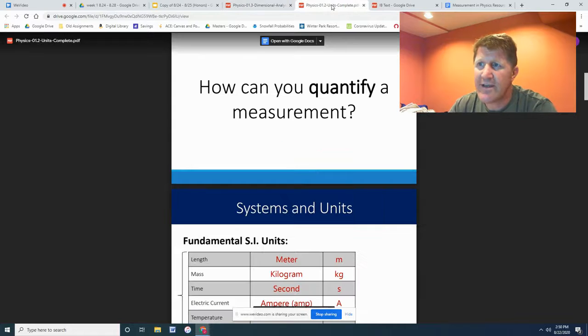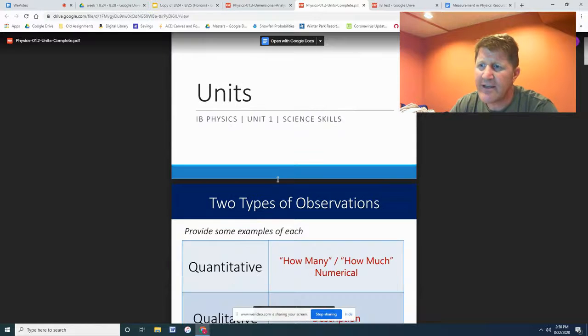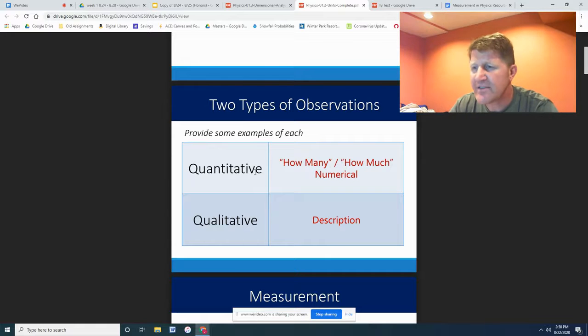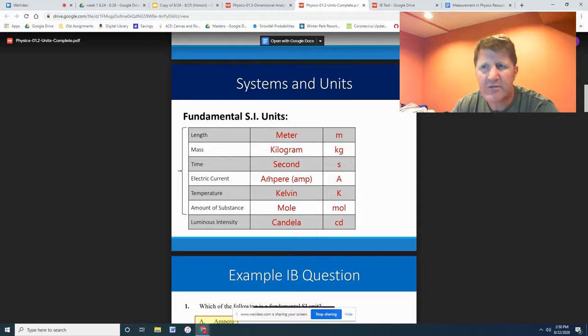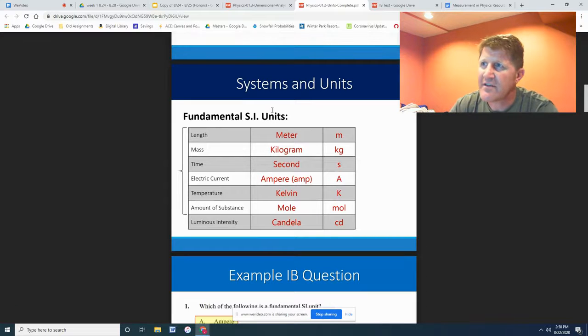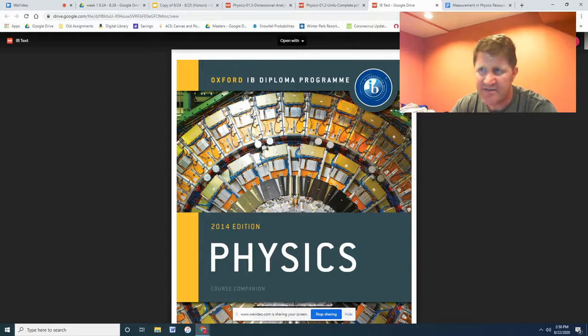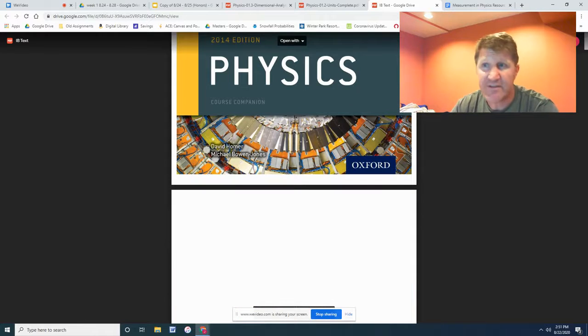The other link will take you here, and it talks about units and talks about the difference between quantitative and qualitative measurements. And then it's going to walk you through metrics and our fundamental units and then derived units and things like that. And then the third resource on that page is the IB textbook. Pages 1 through 7 will be very helpful for this week.